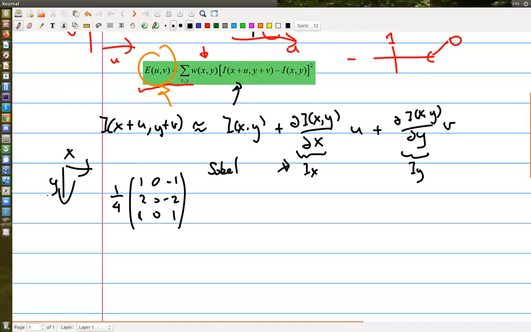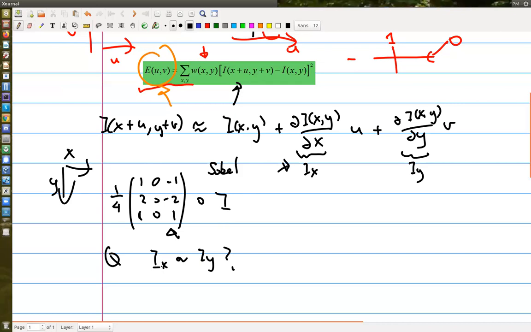This is a question from last time: is this a derivative in Ix or Iy for this filter? If I want to take the derivative of this guy, I should have an image that is going to be filtered by this filter, because this is doing a convolution with this filter here.